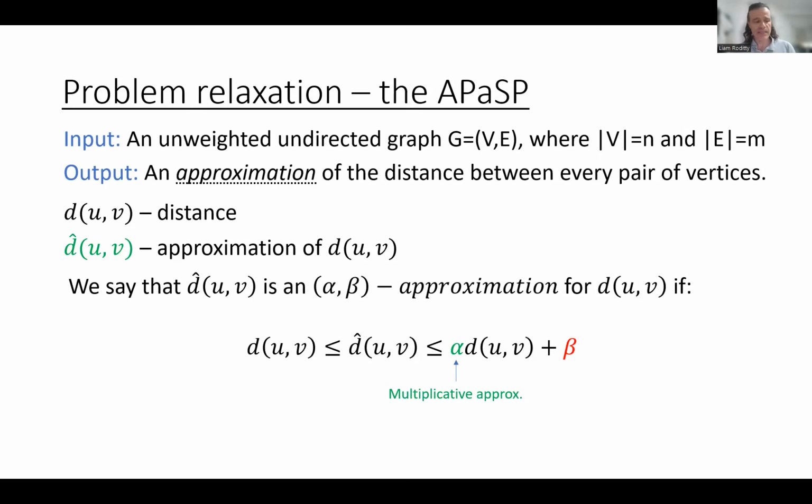We refer to alpha as the multiplicative approximation and to beta as the additive approximation.